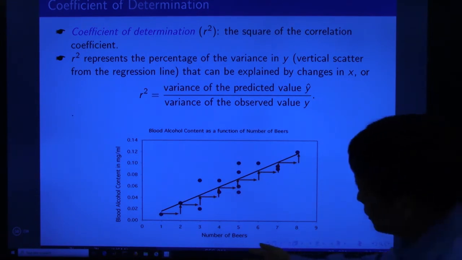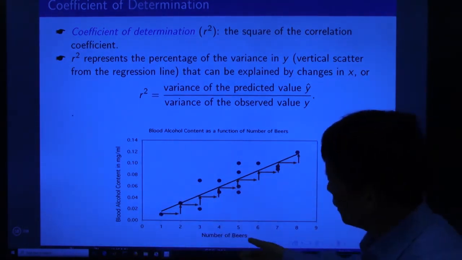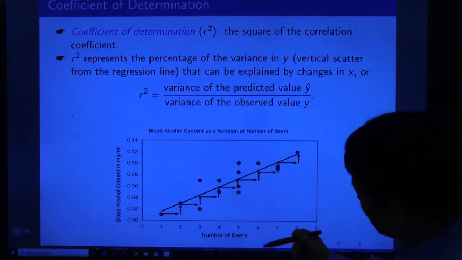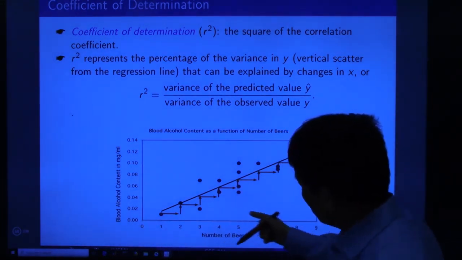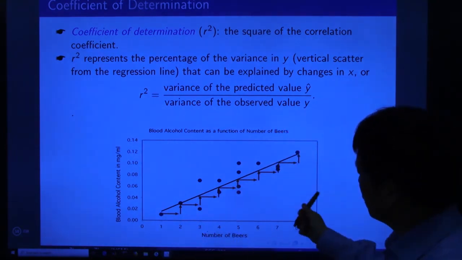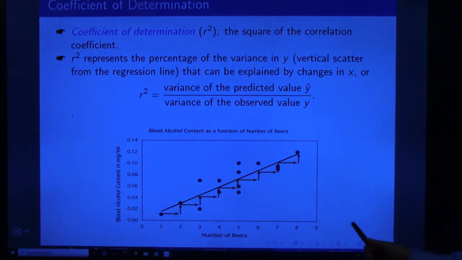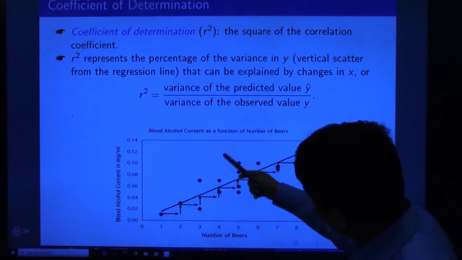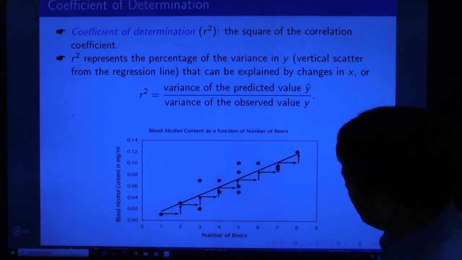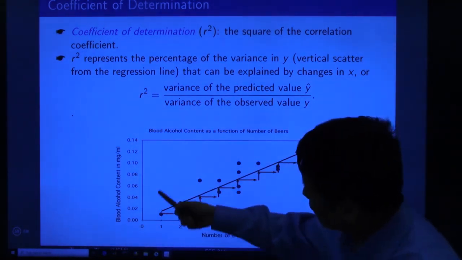This example is the previous beer and blood alcohol level example. We know X has variations, from 1, 2, 3, 4, they have variance. And the Y value, the alcohol level, also has variance. I may ask a question, why does Y have variance?